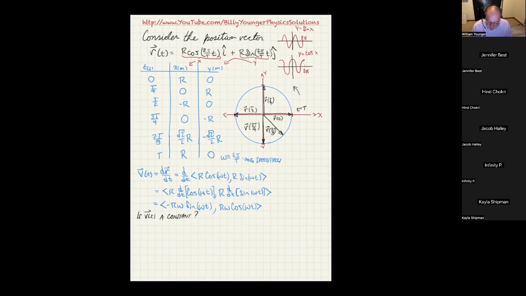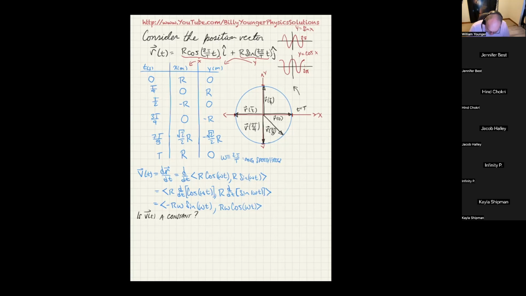Do you think the velocity is constant that this thing is traveling at? We know at t equals 0, it was at r0, and then at t equals T over 4, it was at 0r. So we clearly can see that it's moving. But is its velocity changing as a function of time?